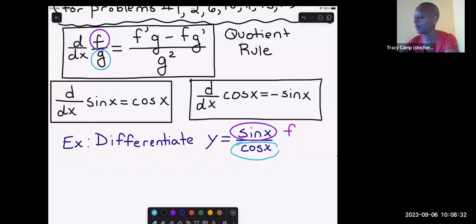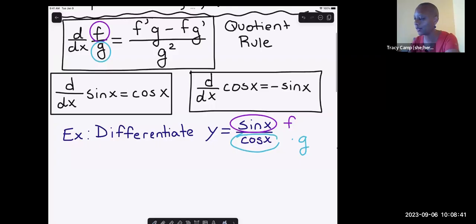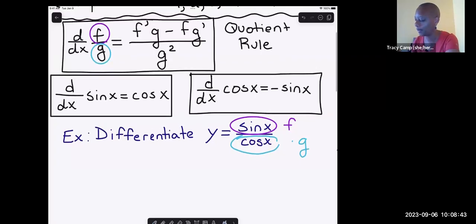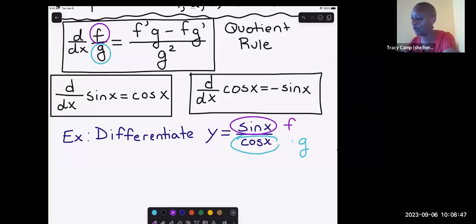From here, we'll get all of our pieces and put them together. If our f is sine of x, then our f prime is cosine of x.